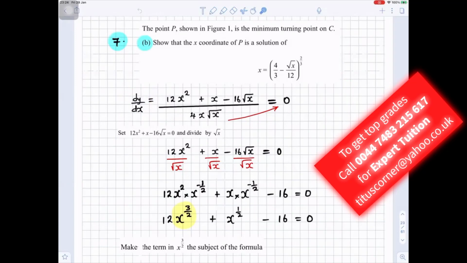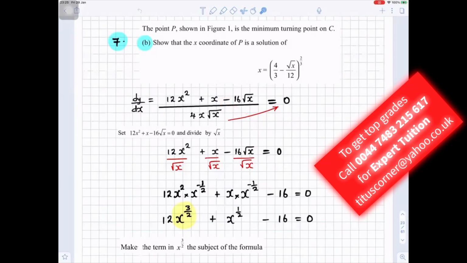If we take 4x root x, cross multiply over there times 0, that would be 0. So we want to set the numerator equal to 0 and divide by square root of x. So we have 12x squared plus x minus 16 root x, which is that numerator.